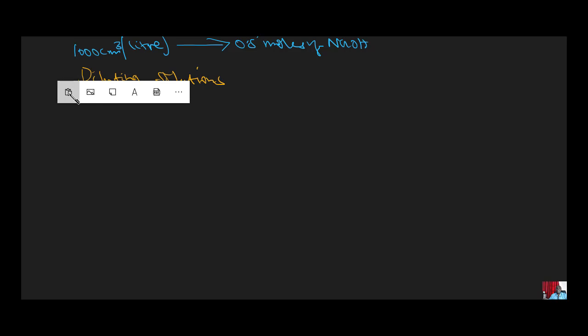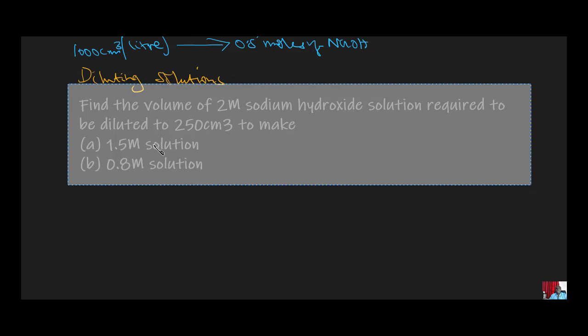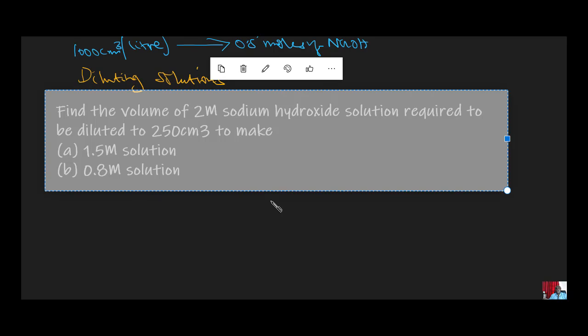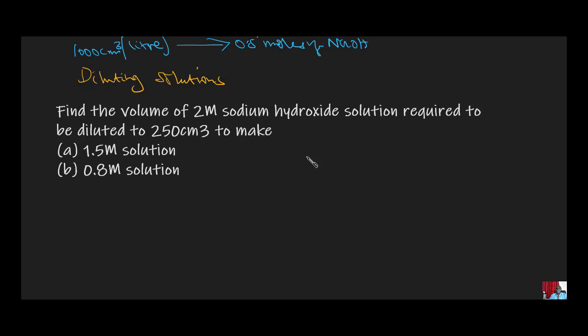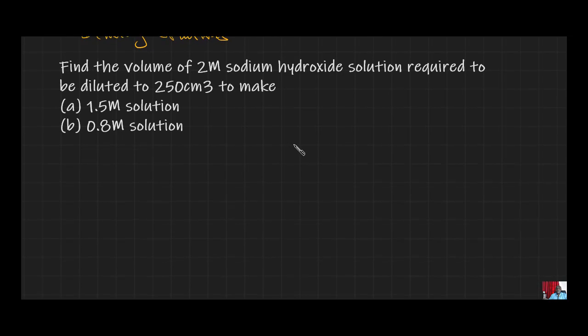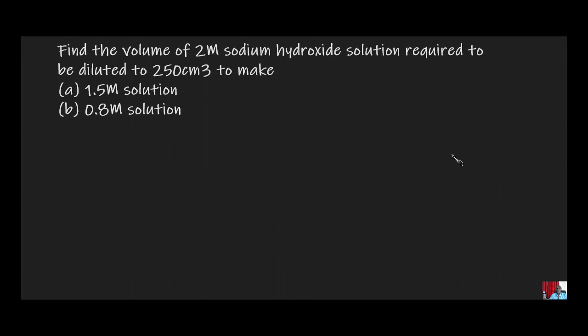Let us look at this. Here I have got a question, reading: find the volume of 2 M sodium hydroxide solution required to be diluted to 250 centimeters cubed to make A, a 1.5 M solution, B, a 0.8 M solution.